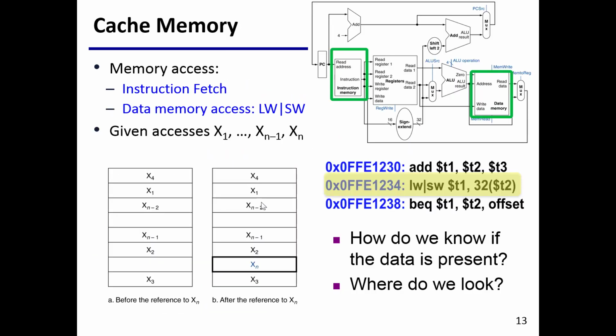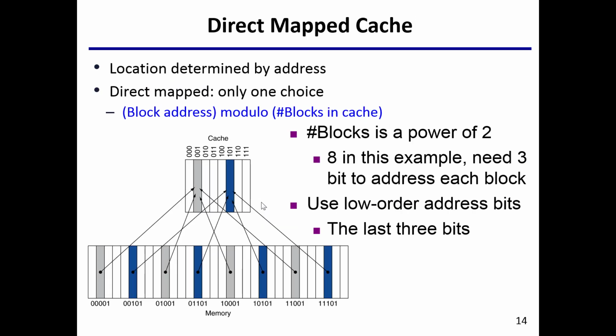Okay, so let's revisit this idea of how is the cache physically organized? Because you guys probably know a memory, just a plain old memory, a RAM, a random access memory, is organized as a set of rows and columns, right?